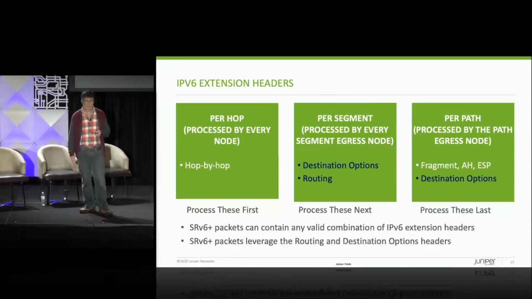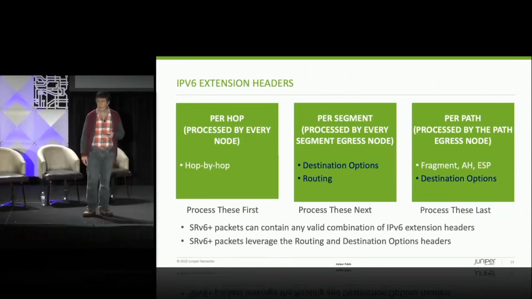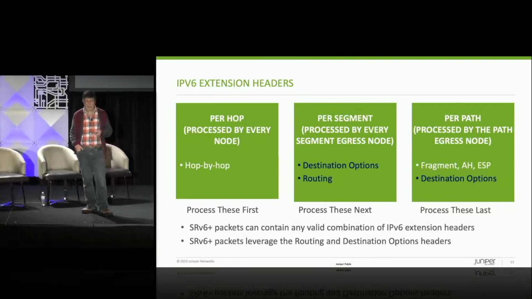And there are a bunch of them: fragment, authentication header, encapsulating security payload, and another destination options. Now, an SRv6 packet can carry any valid combination of IPv6 extension headers, but it leverages the routing and destination options header. And we're going to talk about how it leverages those two headers in just a second.